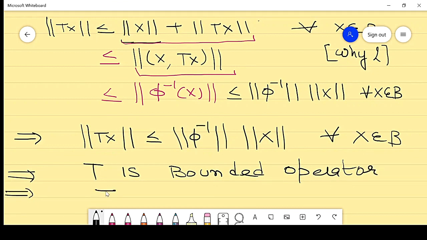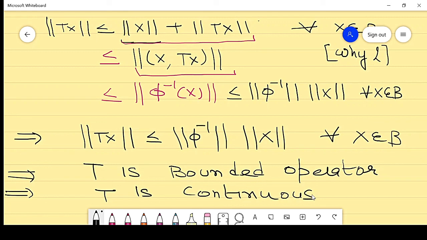So T is continuous, which proves our result: if the graph is closed, then T is continuous, and if T is continuous, then its graph is closed. So that is our result.